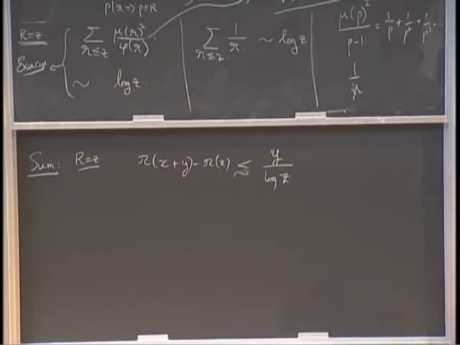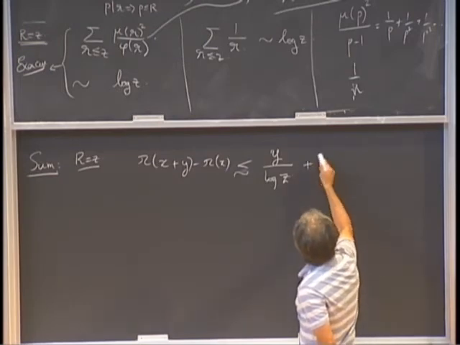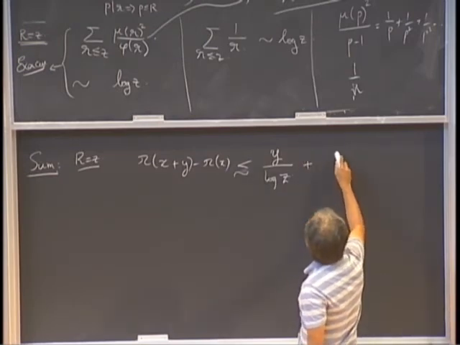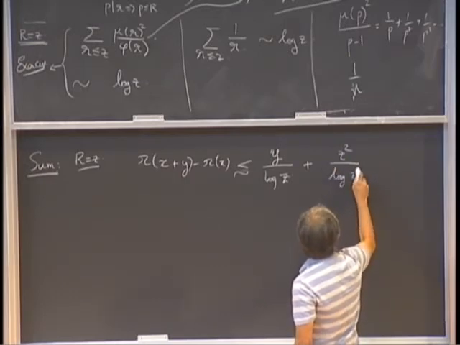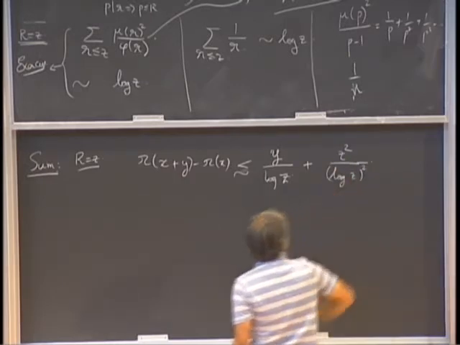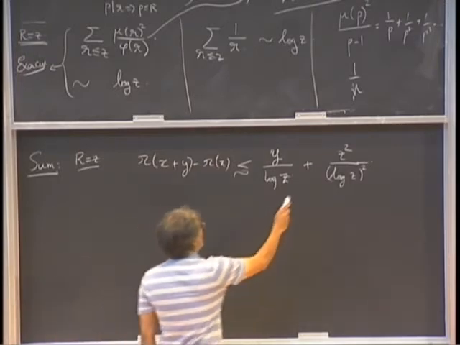Okay? But if you work it all out, then it will actually be quite nice. It will finally be true with this constant 2, plus some error which is like z squared over log z squared. Okay, let me just put a big O here.